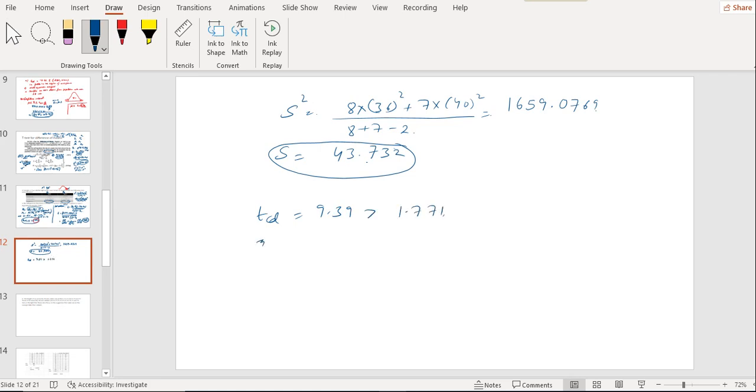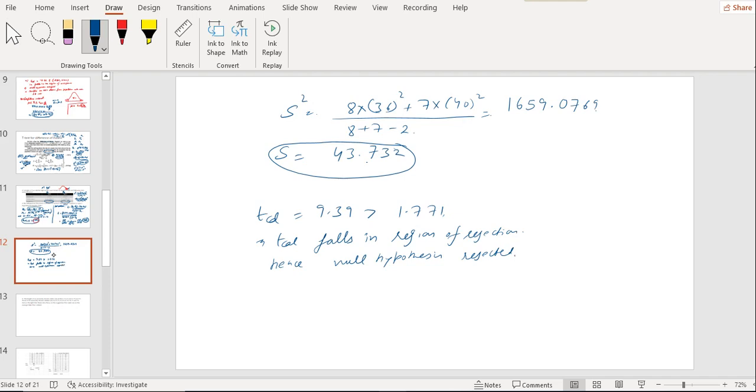So T calculated falls in the region of rejection, hence the null hypothesis is rejected.